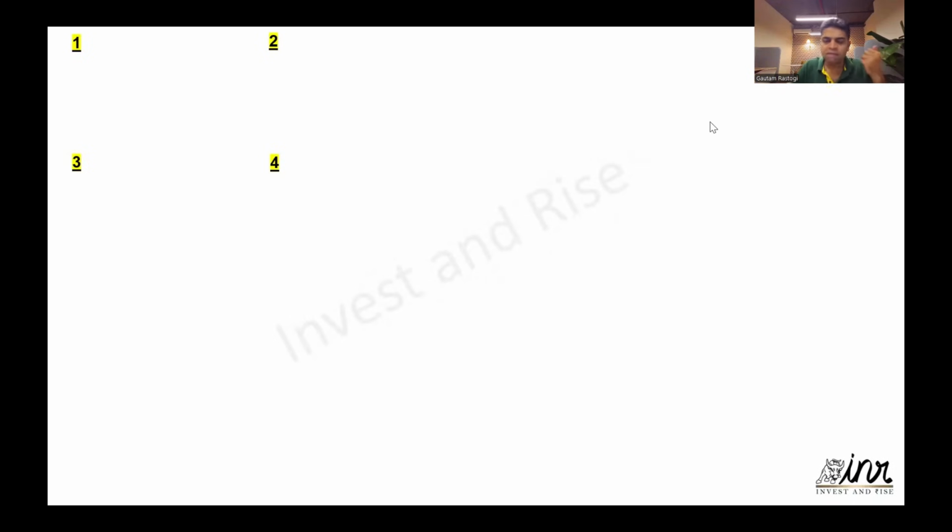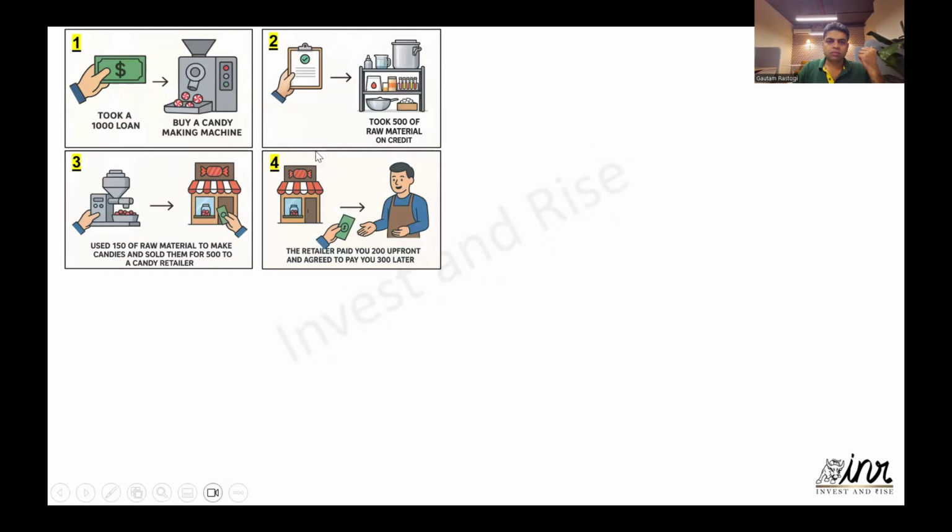Now let's move forward. These four transactions I've pushed in the top left. First, let's construct a very simple P&L statement before we get to the cash flow statement. You did a sale of 500 rupees. You used up 150 of the 500 worth of raw material, so your cost of goods sold is 150, which you have to net out from the sale.